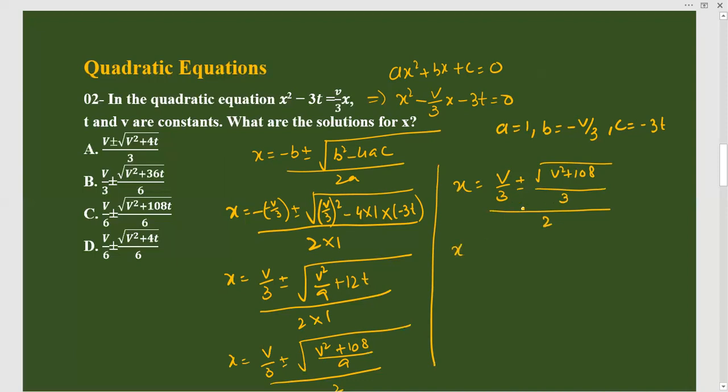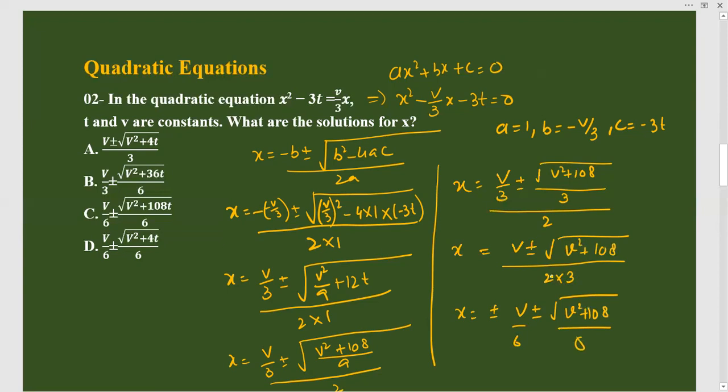Take an LCM of 3, so that will become v plus minus the square root of v square plus 108t, divided by 2 into 3. So the final value will be v plus minus the square root of v square plus 108t, divided by 6, so you can break this down into v over 6 plus minus the rest. So the final answer will be C.